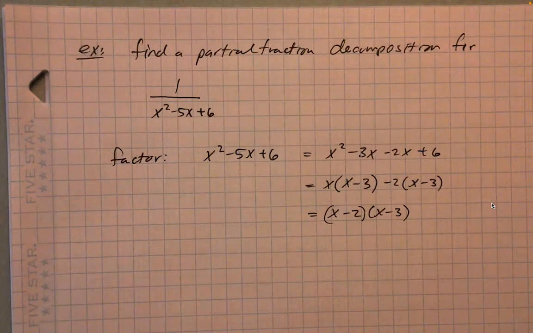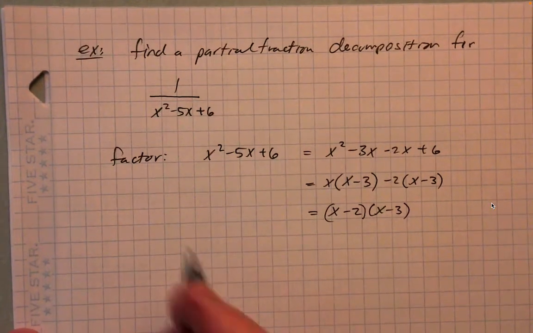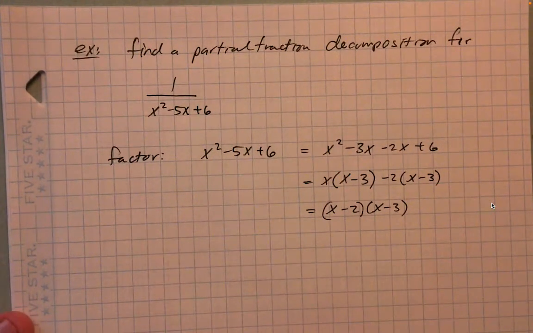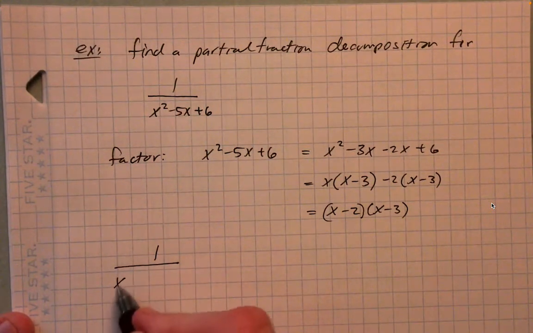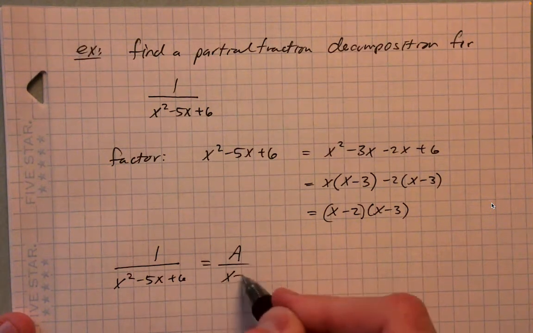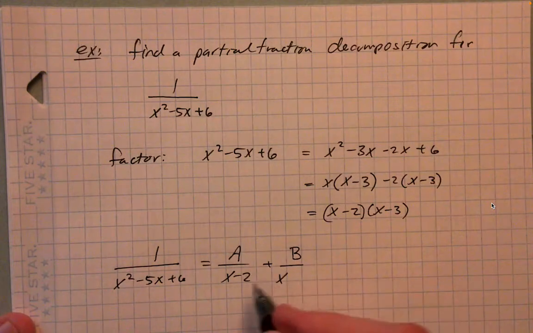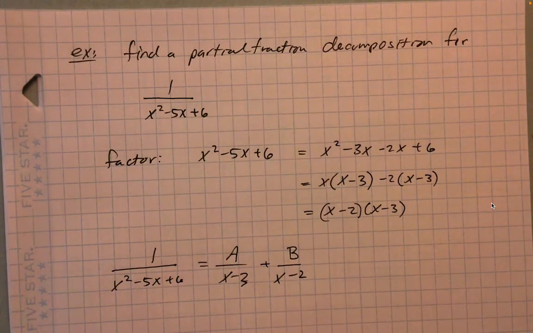This is the cleanest possible scenario. Well, the cleanest possible scenario would be a single linear factor, but that wouldn't require a partial fraction decomposition. Once we've done the factoring, we need to set up the sum of partial fractions. So you've got 1 over x squared minus 5x plus 6, and that's going to be equal to a over x minus 2 plus b over x minus 3.